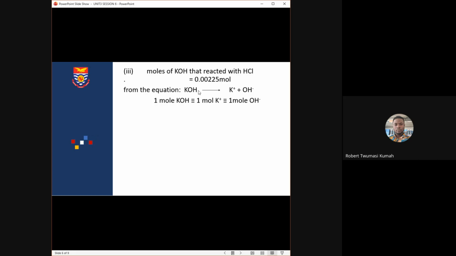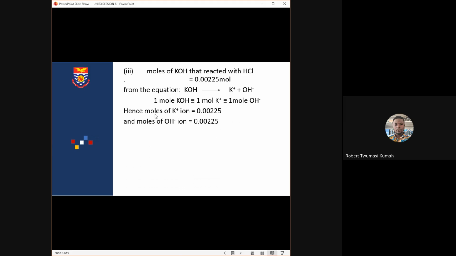We split this into ions and it gives us 1 mole of potassium ions, 1 mole of hydroxide ions. So here also the agreement is 1:1:1. So it means that 1 mole of potassium hydroxide produces 1 mole of potassium ions, 1 mole of hydroxide ions.